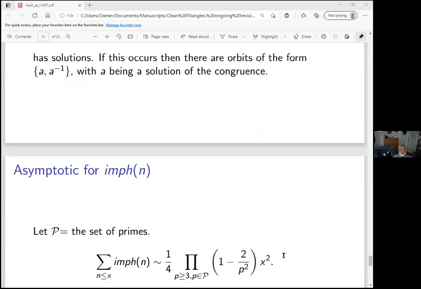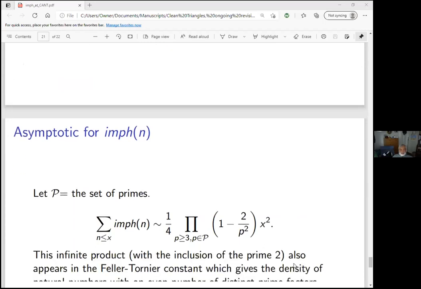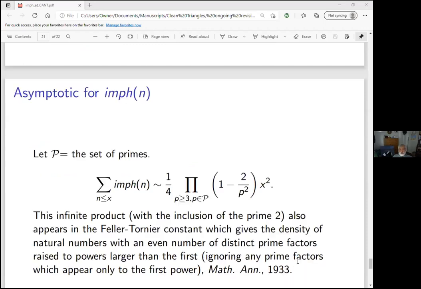If you include the contribution of 2, and we've got it greater than 3 because the IP_H of any power of 2 is 0, or any even number is 0. But this infinite product is actually slightly modified, is what is called the Feller-Tornier constant. So this was a nice little thing that we learned along the way.